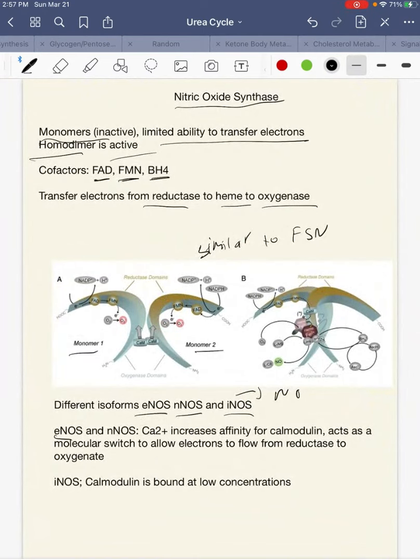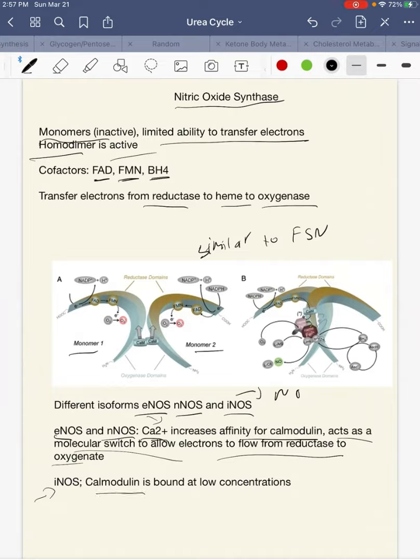Another difference between them is that for eNOS and nNOS, calcium is able to increase the affinity for calmodulin, which is a protein that binds calcium in the cell, and it acts as a molecular switch to allow electrons to flow. So you can see that calcium acts on these two and increases affinity to basically make nitric oxide. iNOS is different. Calmodulin is a protein that binds calcium.